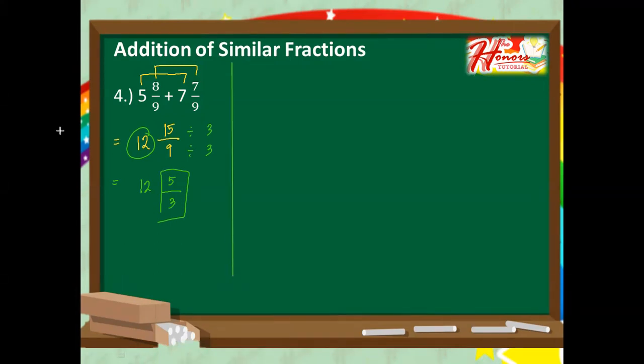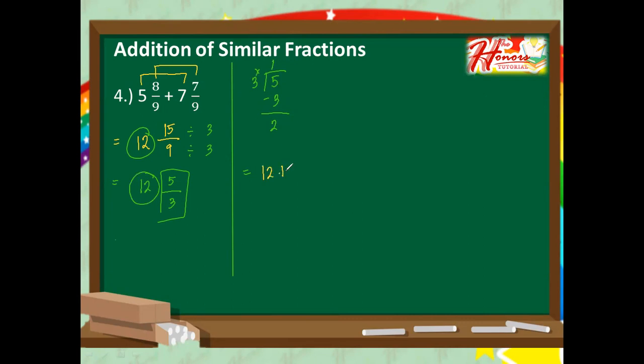How are you going to do that? Same process. Kindly divide 5 and 3. 5 inside will serve as your dividend, and 3 outside will serve as your divisor. 5 divided by 3 is 1. 1 times 3, that's 3. 5 minus 3 is 2. So kindly copy first the whole number that we have earlier, that's 12.